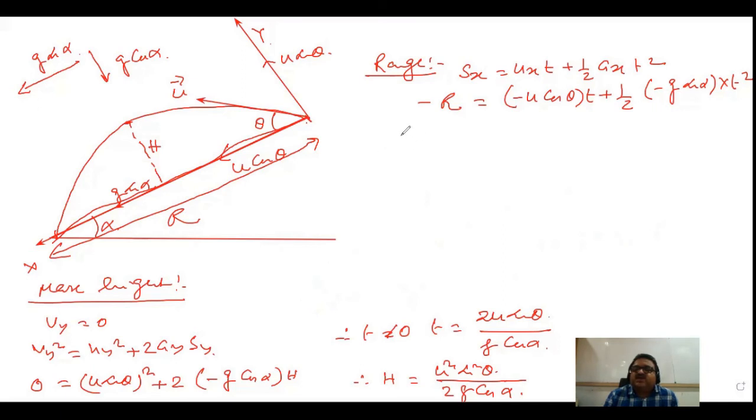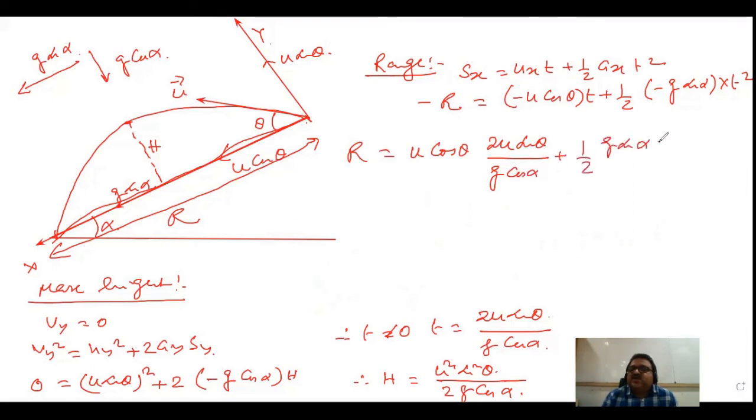If I do this calculation again, r, all minus goes from one side, u cos theta t is equal to 2u sine theta by g cos of alpha plus half g sine of alpha into t square, that is 4 u square sine square theta divided by g square cos square alpha.